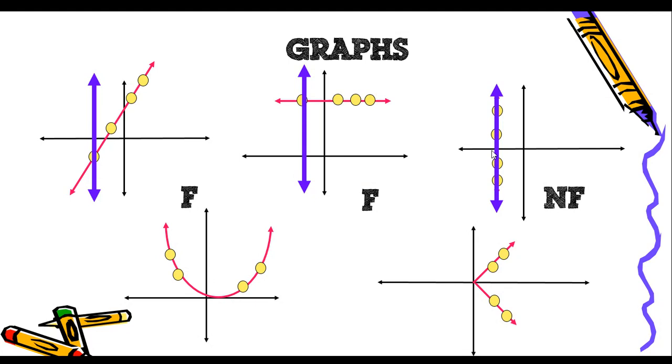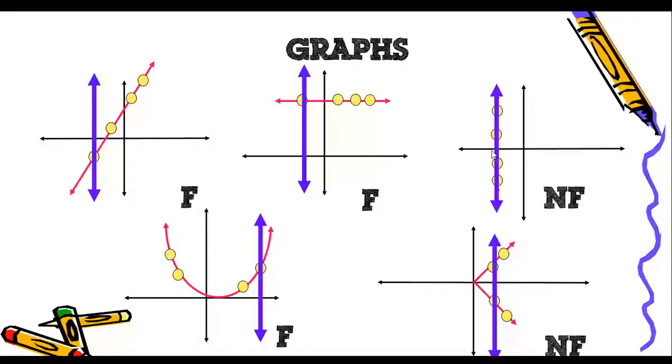What about the fourth one? Also, it touches one point only. Therefore, this is a function. The last graph. So if we're going to draw a vertical line here, it touches 2 points. Therefore, this is not a function.